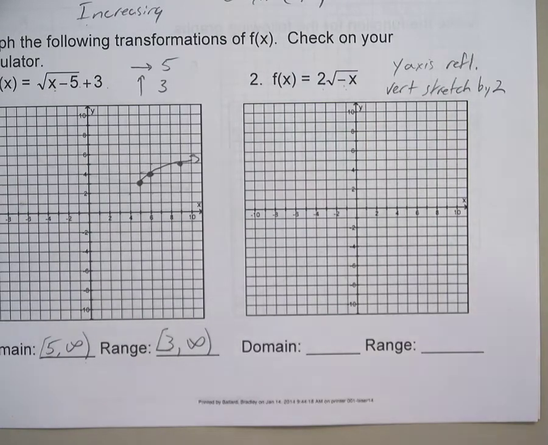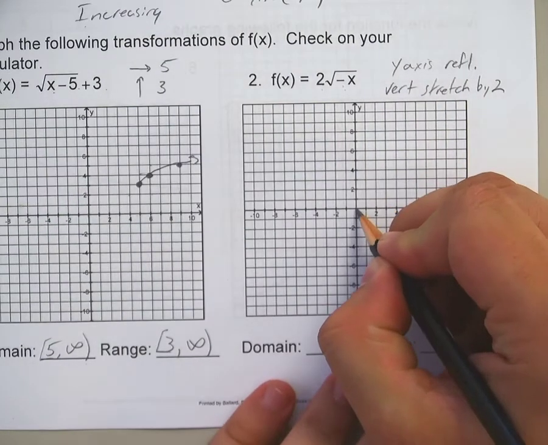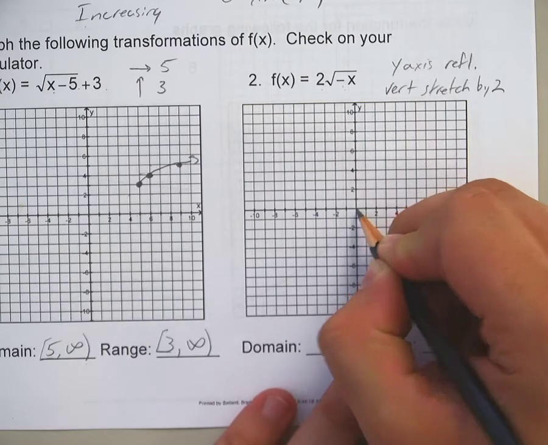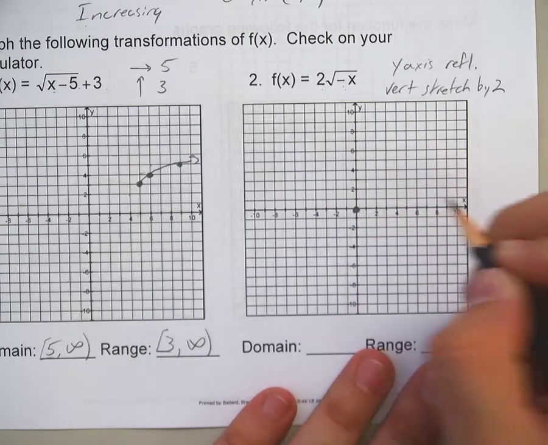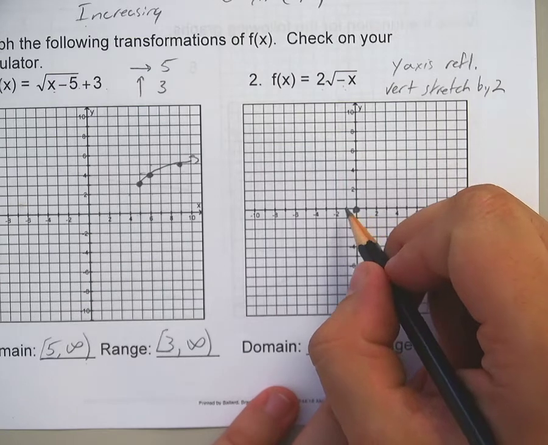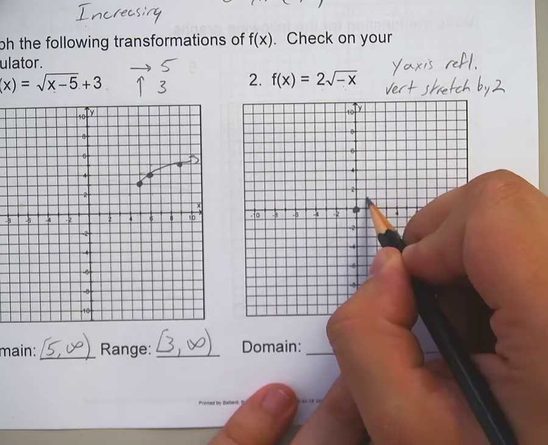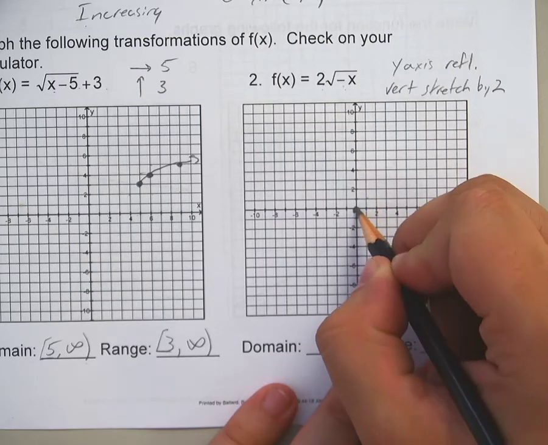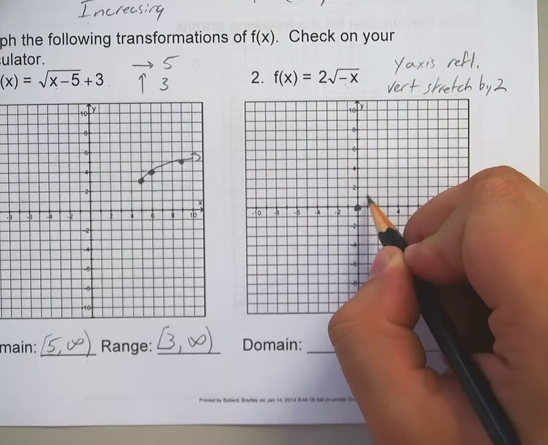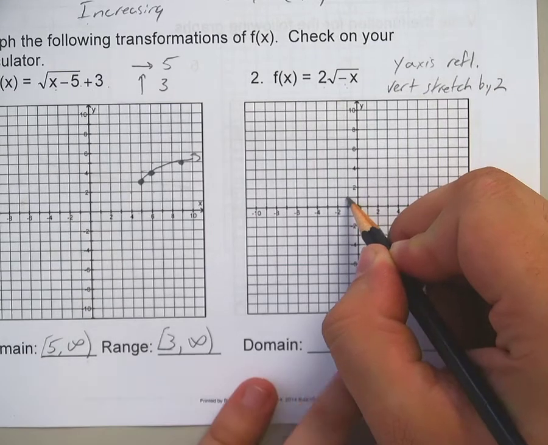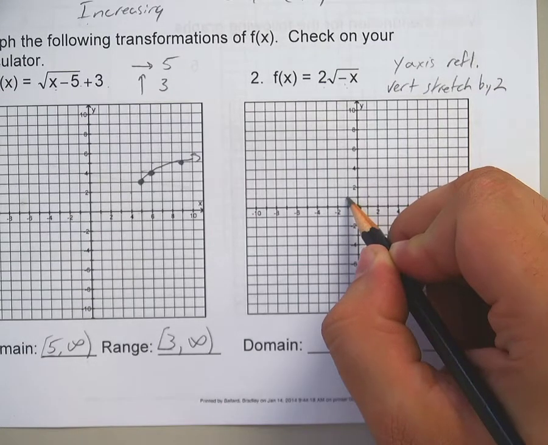So again, my first point was 0, 0. And I'm flipping across the y-axis, which here I am. There we go. If we go to the 1, 1 point, so let's say we were here, right? So my next point is going to be flipped across the y-axis, and now it's going to be twice as tall.